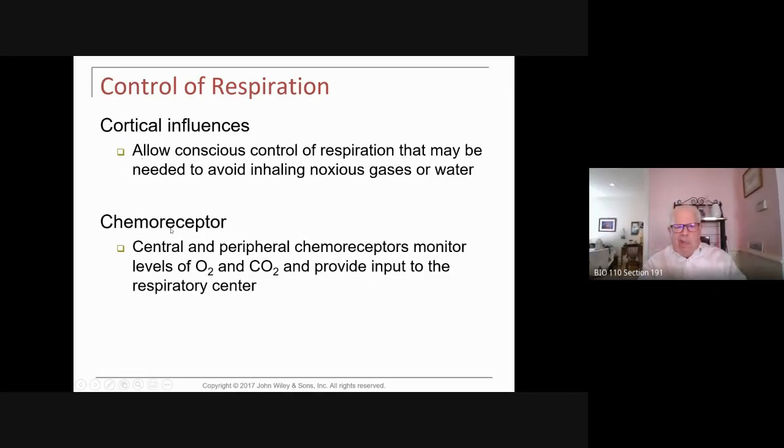There are also chemoreceptors that control respiration, and these chemoreceptors monitor the levels of oxygen and carbon dioxide, and they provide input into your respiratory center.